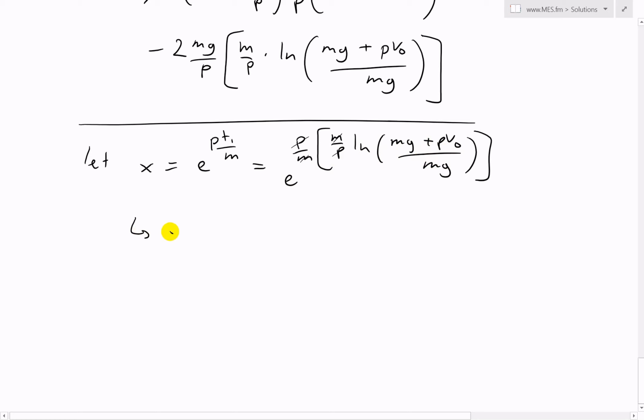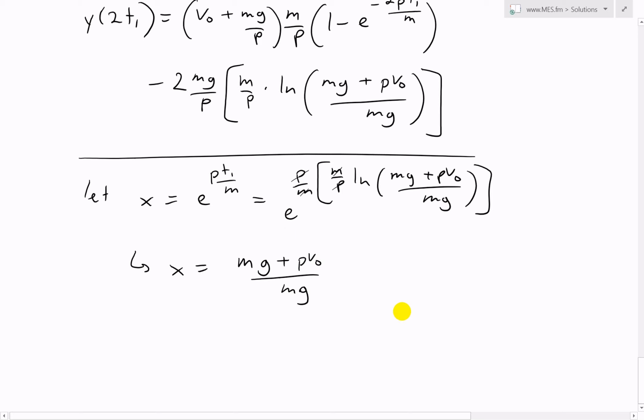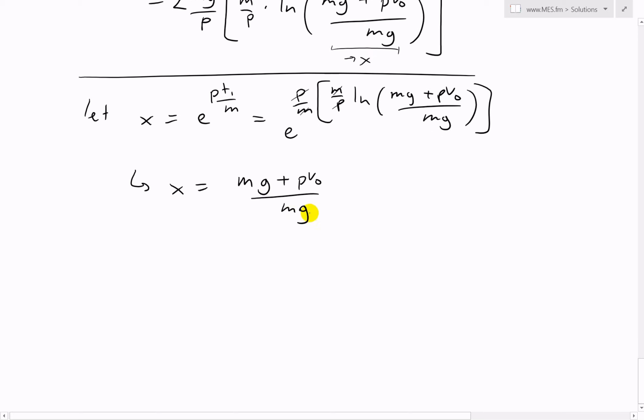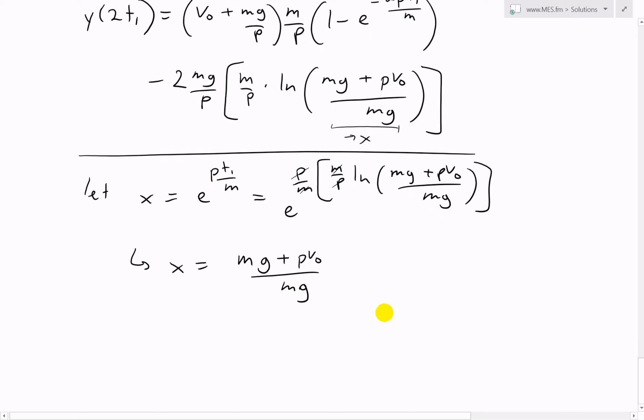So this means that x is equal to, and there's no other power here, these all just cancel as 1, x equals mg plus pv0 over mg, which is this value right here. That is this x. So we've simplified that as well. So x is equal to this right here, as well as e to the pt1 over m.